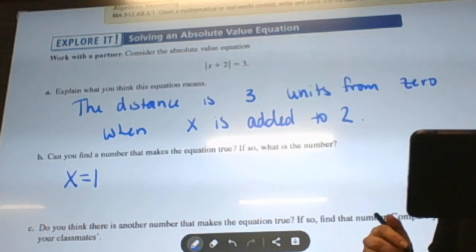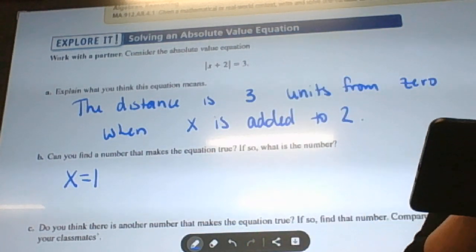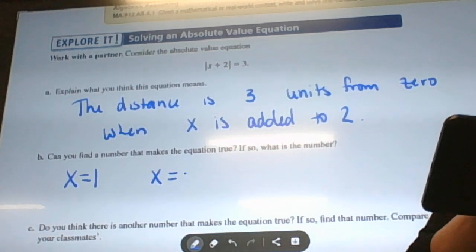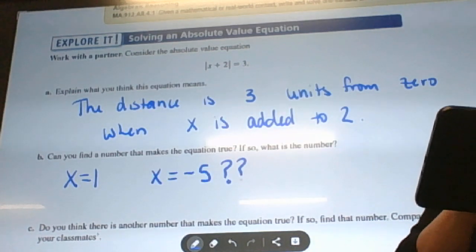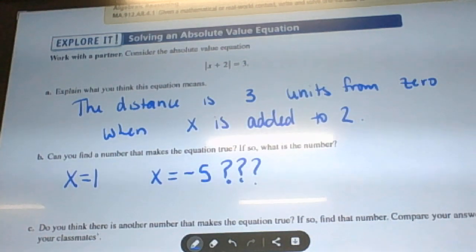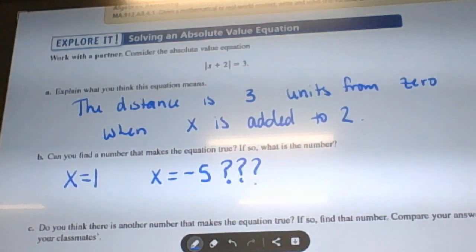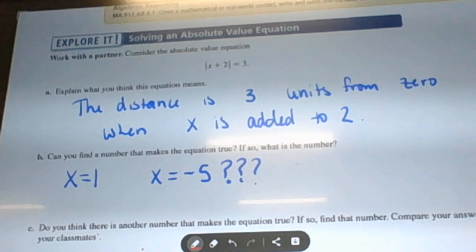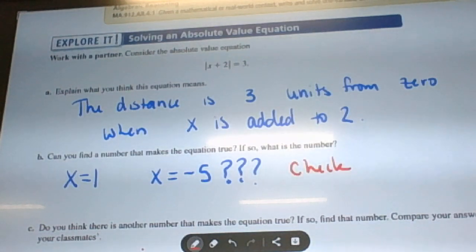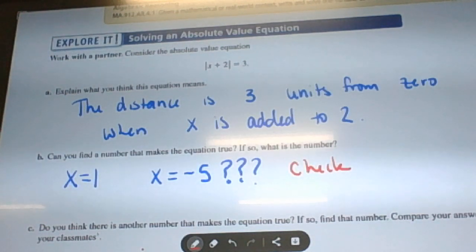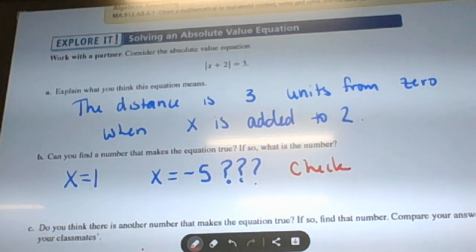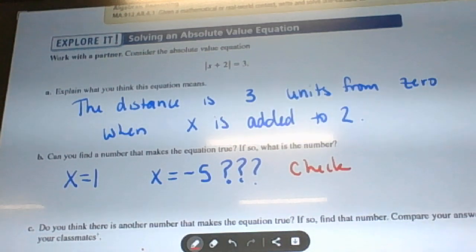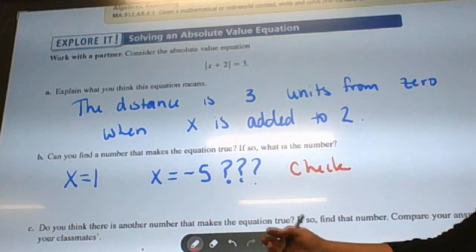Yes. Negative 5. How could negative 5 possibly work? Let's check it out. Negative 5 plus 2 is negative 3.